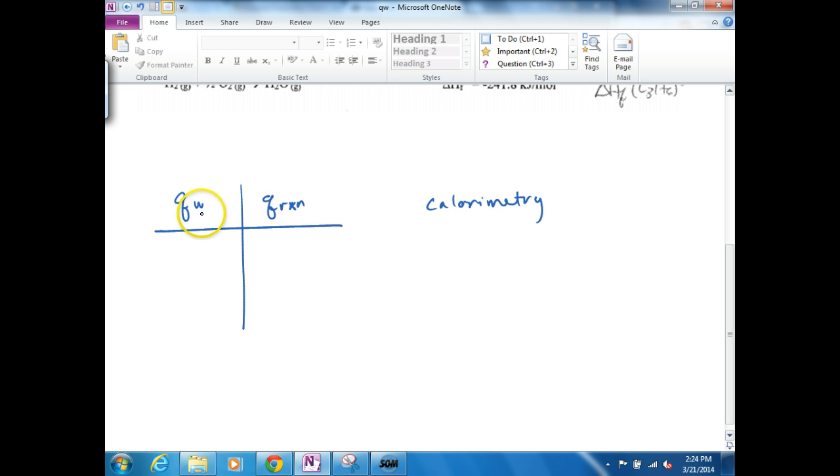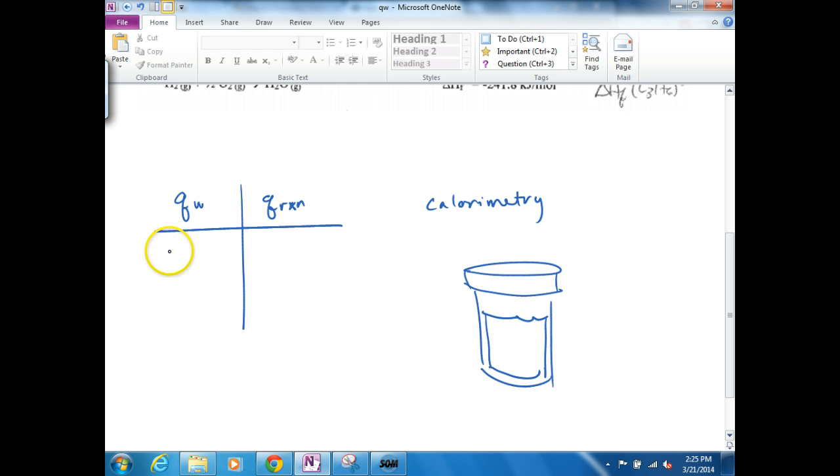But it's critical that you distinguish between these two, because Q sub W, the heat for the water, for example, in a coffee cup calorimeter, typically we've got some water in this thing, and its temperature is going up or going down, and the heat absorbed or released by the water is equal to mc delta T.